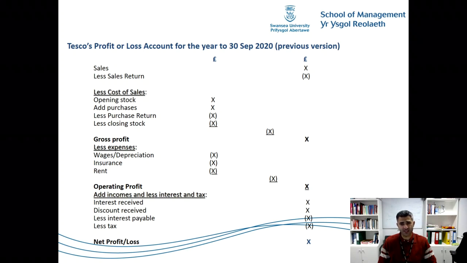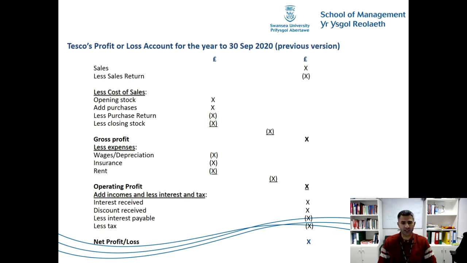Then you need to minus the expenses. As you see, examples of expenses available here: wages, depreciation. Depreciation, we'll look at it later. And insurance, rent. So gross profit minus expenses gives you operating profit. Now, what you need to do here is add any other income and deduct any tax and interest payable.